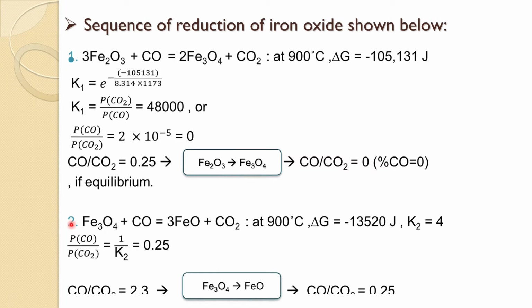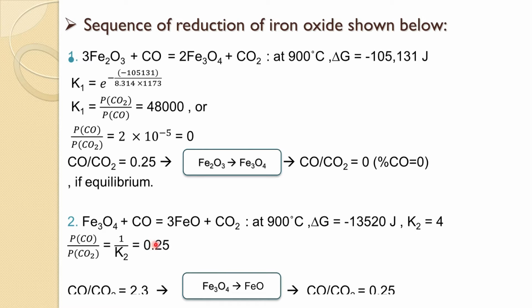Second, once you reduce to magnetite, it further reacts with carbon monoxide and reduces magnetite to wüstite, and this is the reaction where the free energy is given here. Again one can calculate the equilibrium constant for this reaction, which comes to 4. So, CO2 over CO comes to 0.25.